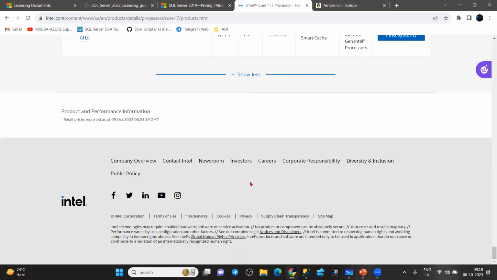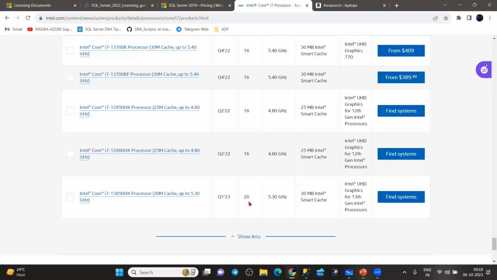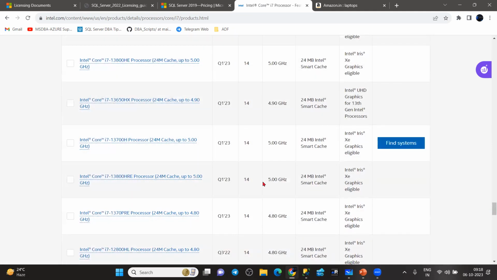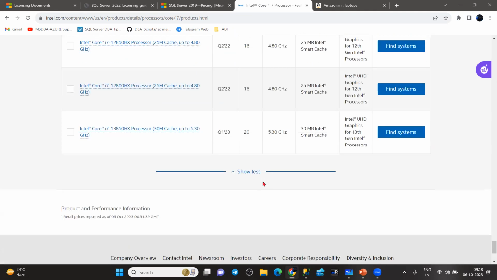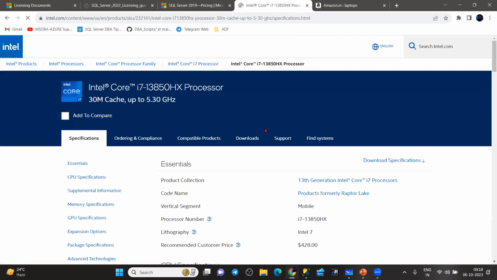Maximum it will go to 20 cores. So i7 starts with 2 cores and ends with 20 cores, 20 CPUs. If I go here, again there will be threads.